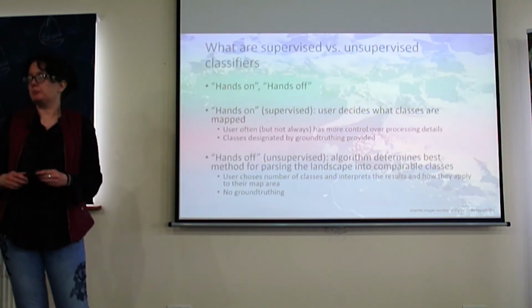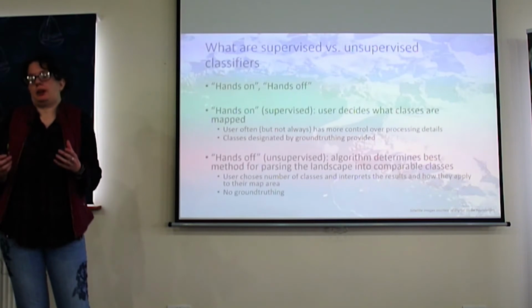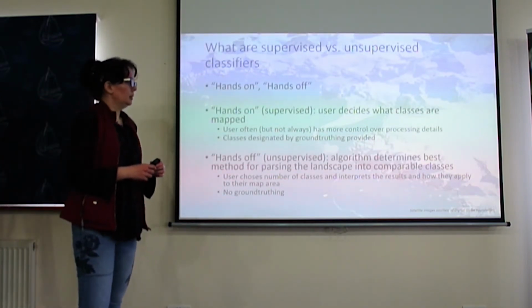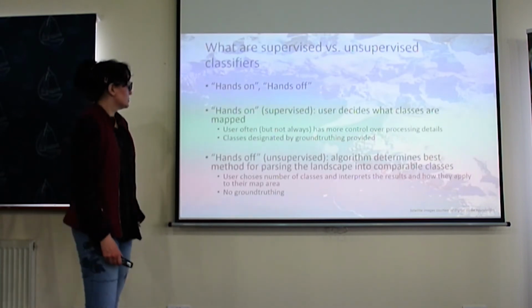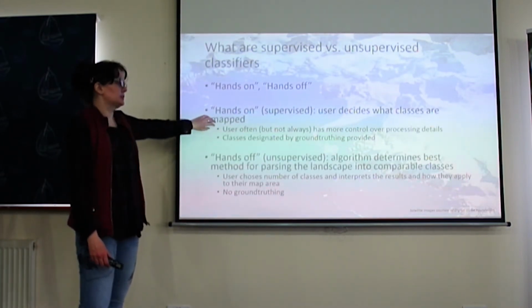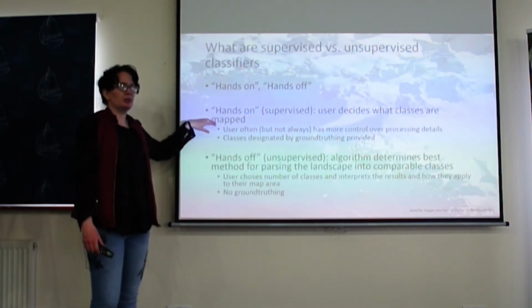You may be a little less likely to accidentally overcomplicate or underrepresent the classes in your map. I know a lot of people who swear that supervised classification is the way to go, and ask, why would you even think about unsupervised classification?